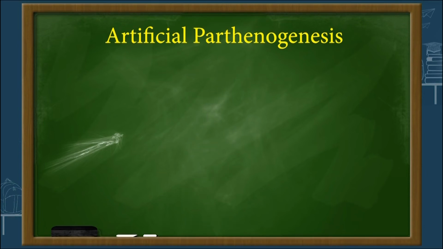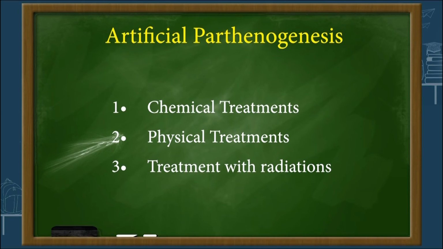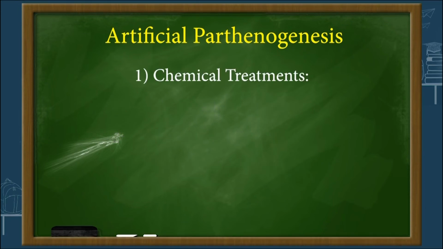So artificial parthenogenesis by certain treatments comes from chemical, physical, and also radiation treatments. Under chemical treatment, the most successful result comes from the sea urchin.